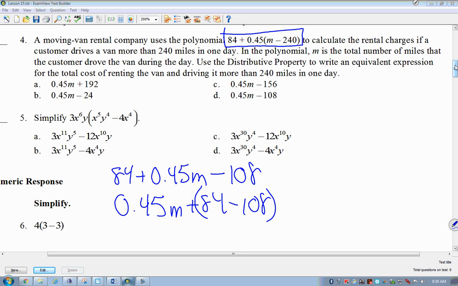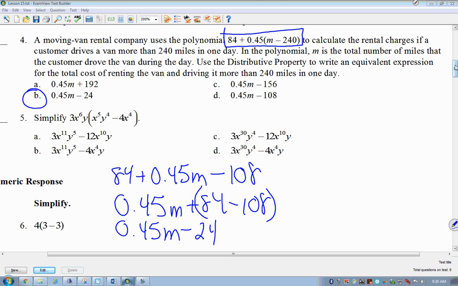All right, now we want the associative property. Okay. Negative what? Negative 24. All right, so we should get 0.45 m minus 24. Right? Simply put, what Caden did was combined like terms. All right, 84 and negative 108.